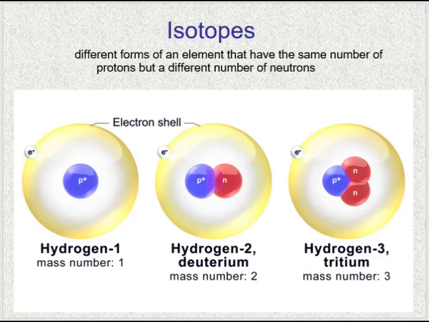Now, this middle atom is hydrogen 2. Hydrogen 2 does have a neutron, bringing its mass number from 1 to 2. Hydrogen 3 has 2 neutrons, and that's represented by the picture on the right. With 2 neutrons and 1 proton, its mass number has risen to 3.